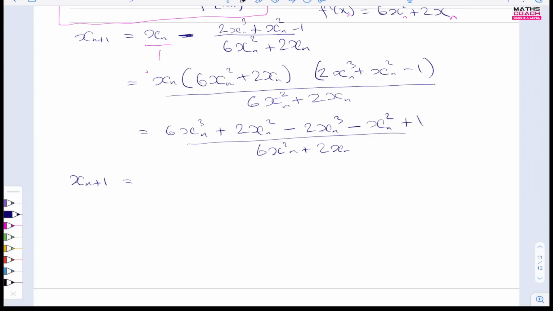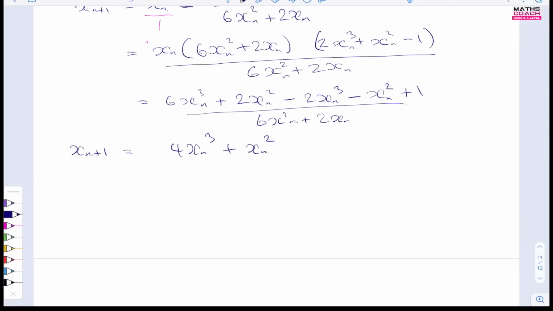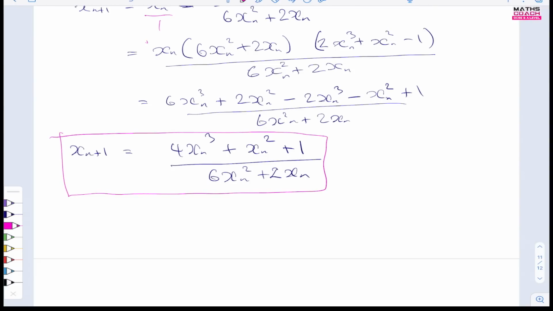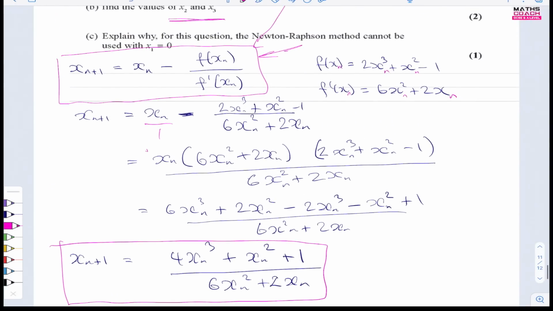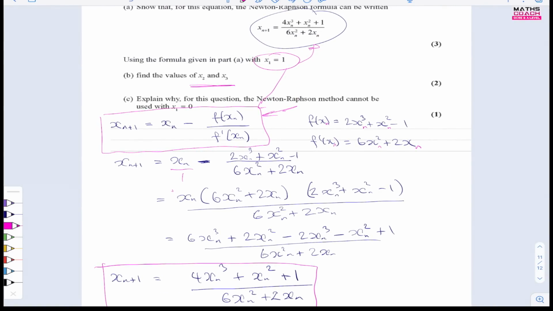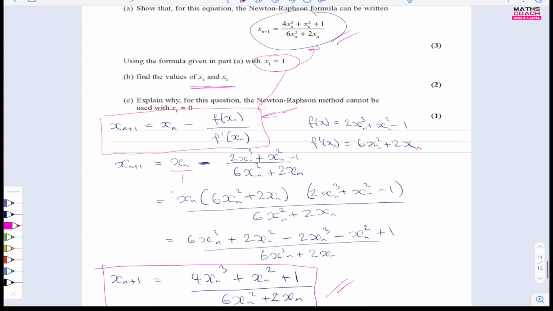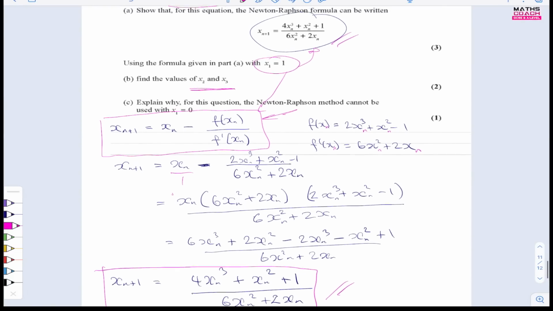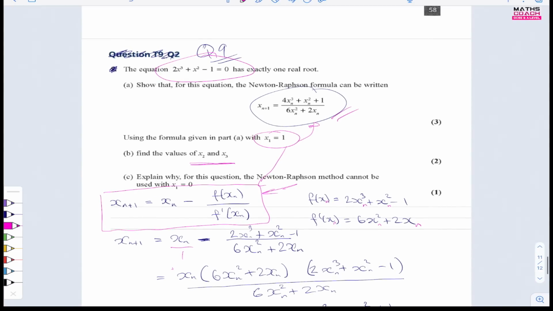So that simplifies to 6xn cubed minus 2xn cubed is 4xn cubed plus xn squared and then plus 1 on the top over 6x squared plus 2x. And this is the iteration formula that comes about from applying Newton-Raphson. So this matches the formula given here. So this is a formula that is used for the question on the top there.